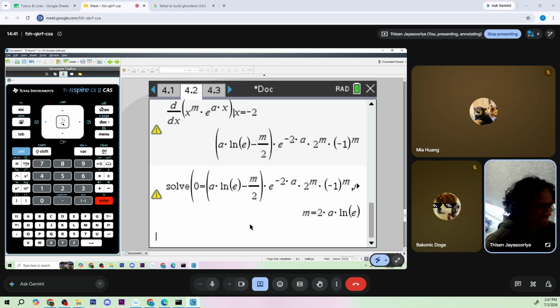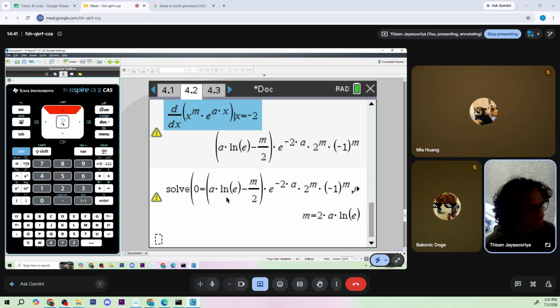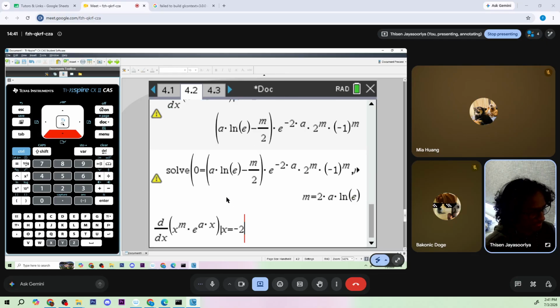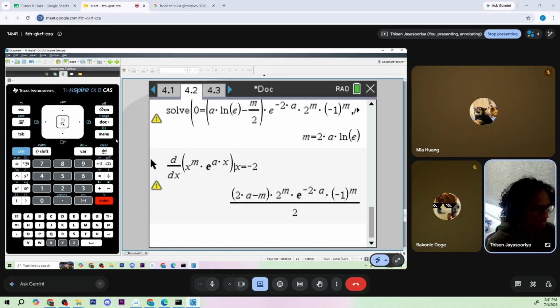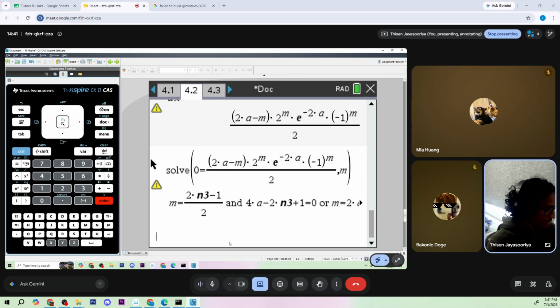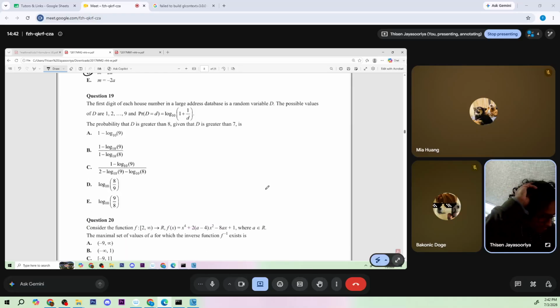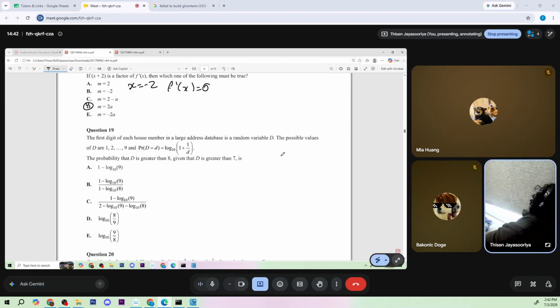Maybe it might be because I didn't use the special letter e before. Let me replace this with the special letter e, and I'll show you why the calculator's done that. Yeah. So here, I've used the special letter e, and if I let this one equal 0 and solve for m, I see that m has to be equal to 2a. So that's what I get as a solution there.